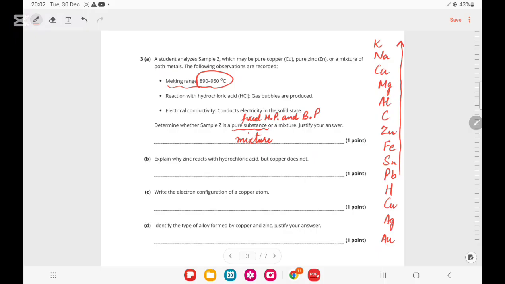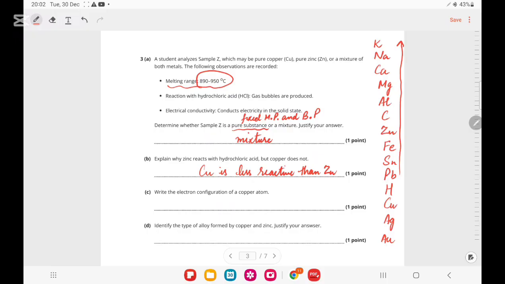So copper doesn't react because copper is less reactive than zinc.